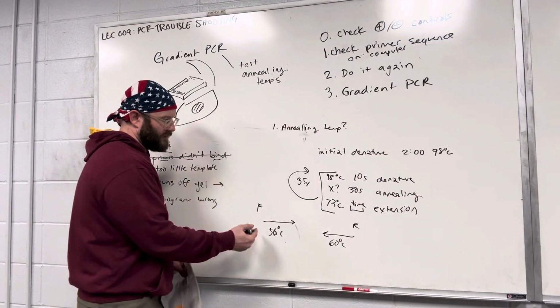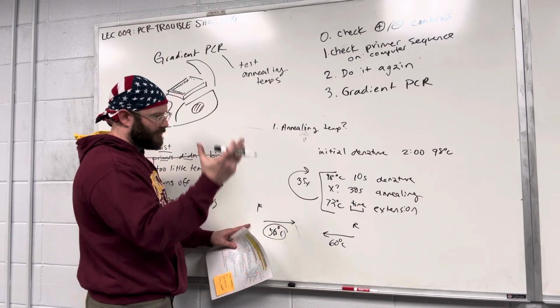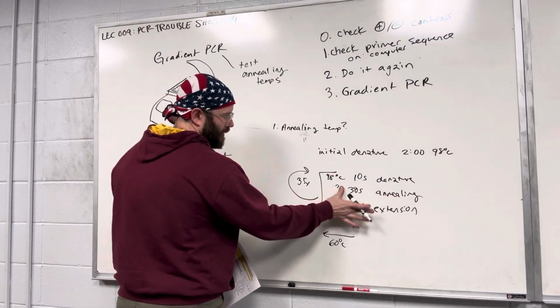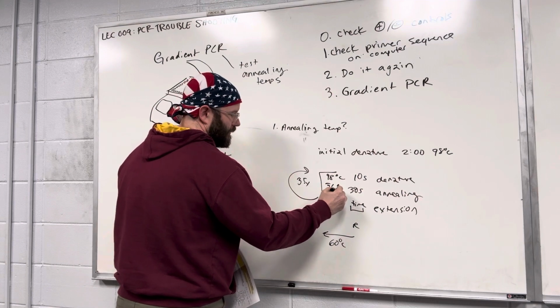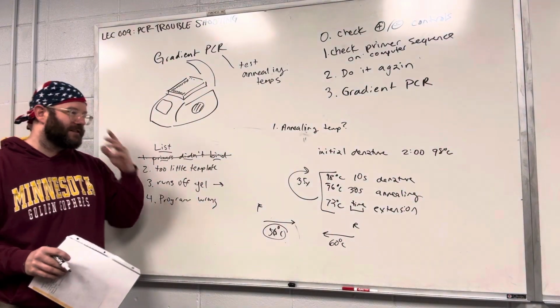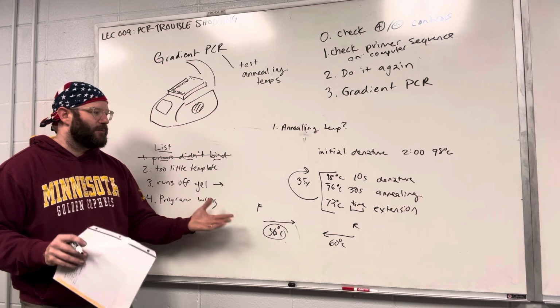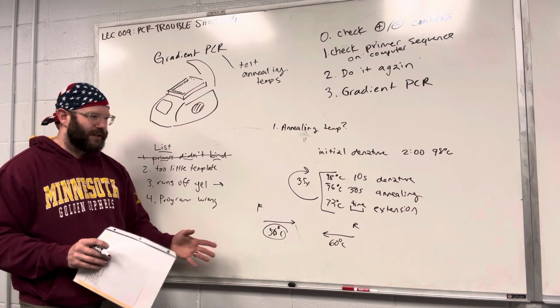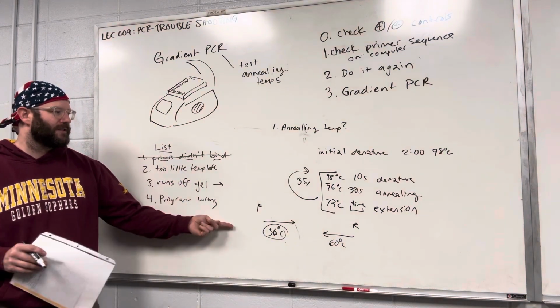So you always choose the lower of the two. So as a first guess, I always put the lower of the two, okay? And usually that works, like 70% of the time that works. 30% of the time you get nothing and nothing works, okay?